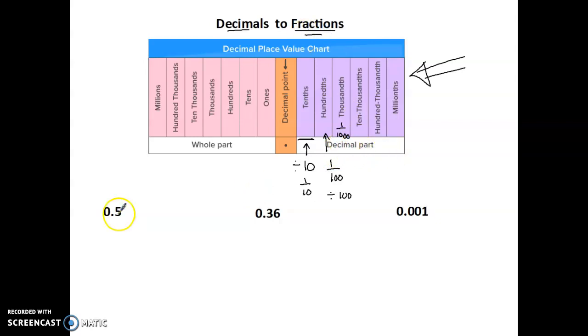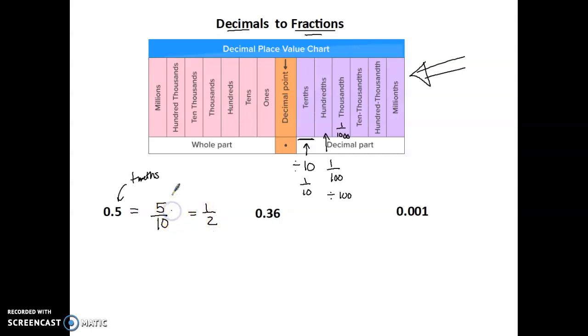If I have 0.5, our favorite decimal, I can write that this is the tenths place value. So I must have divided by 10 to get to that place value. To get to that place value 5. Well, we already know 5/10, right? Or 0.5 is the same as 1/2.